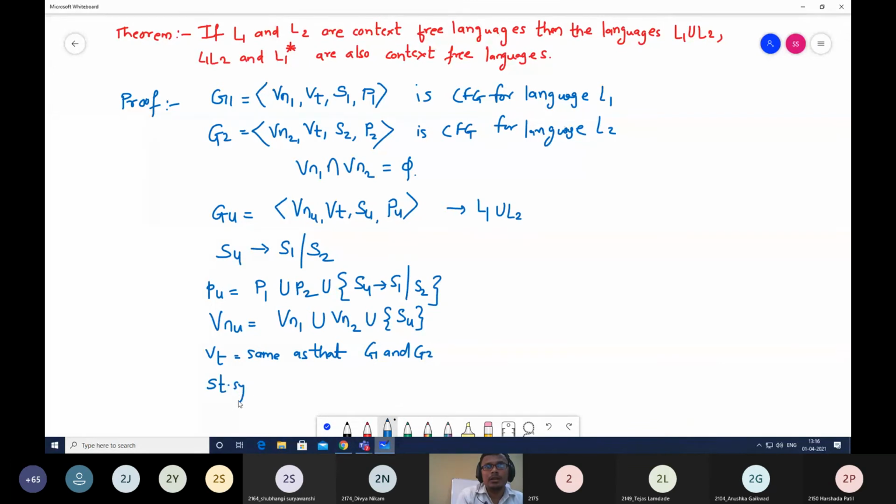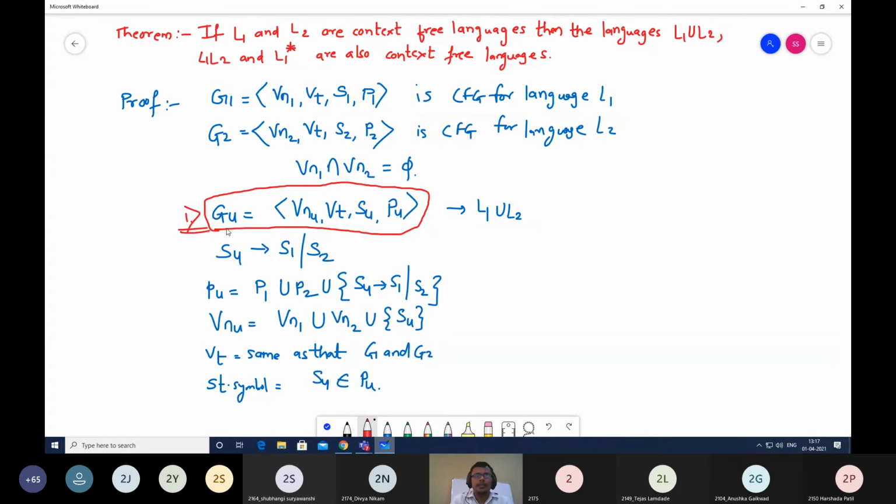The starting symbol of our union grammar is SU, which belongs to VNU. So we have defined our four tuple. So this was our first construction, the construction of union. So these are our four tuples of union. Is it understood?